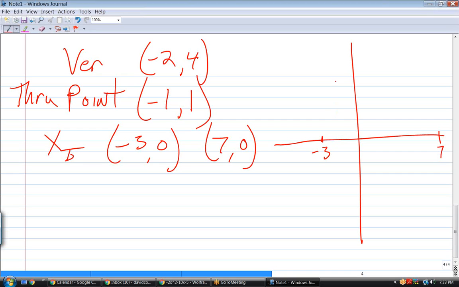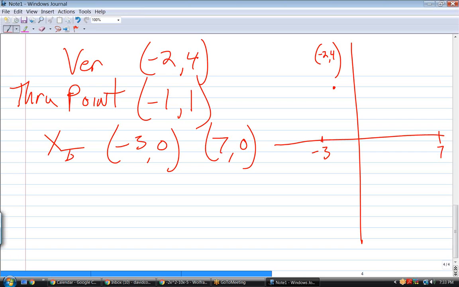Okay, so the vertex is right there. What were your X-intercepts? Read them to me again.